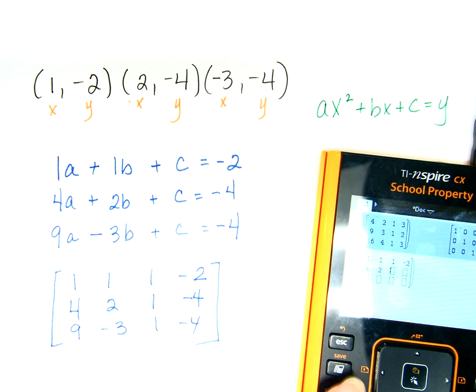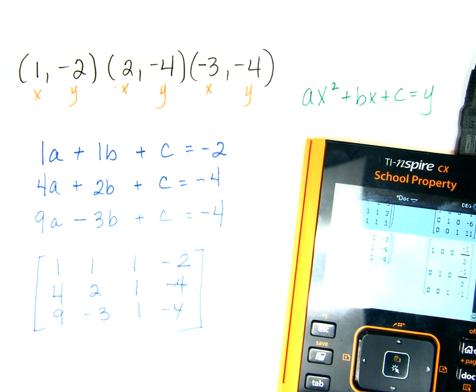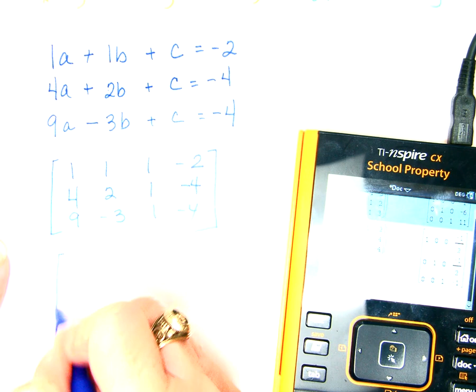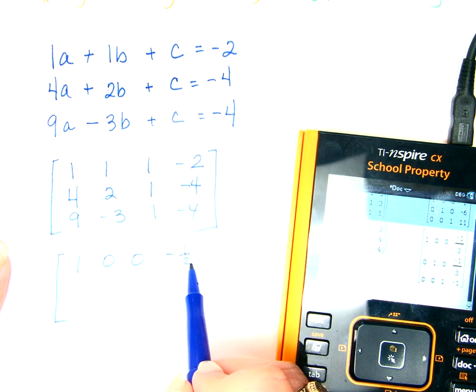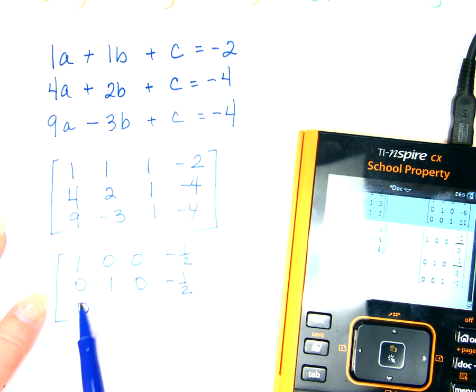4, 2, 1, negative 4. 9, negative 3, 1, negative 4. Do we freak out when we see fractions? No. We do not. 1, 0, 0, negative 1 half. 0, 1, 0, negative 1 half. 0, 0, 1, negative 1.